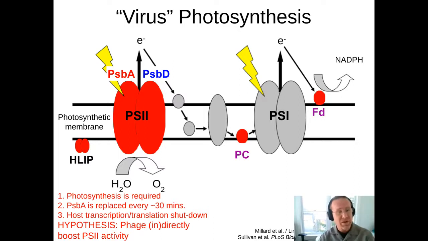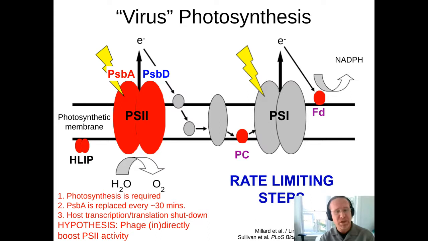I forgot to mention the PsbA protein, because of its proximity to splitting water into oxygen and hydrogen, actually creates oxygen radicals and turns over on the scale of 30 minutes in every photosynthetic cell. So the virus really is encoding genes which help keep this photosystem in place, and in particular might function with respect to rate-limiting steps that feed back to making more viruses.